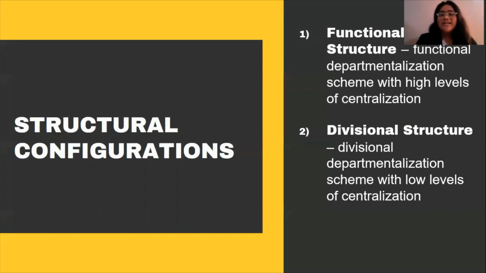They tend to identify with their department and cannot always be relied on to make decisions, while divisional structure employs a divisional departmentalization scheme with low levels of centralization. They act almost like separate, self-sufficient, semi-autonomous organizations. And that's the end of topic 1.